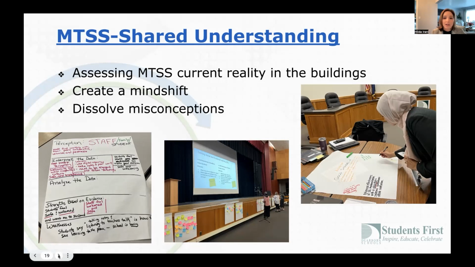We developed, what does it look like? How did you understand this? Can you define it? What can it look like in school? How do we, like I said, marry it with the academic expectation? And we've been through this now several times, several go-arounds from the start of the year to now. And we really are trying to constantly revisit it, like I said, to dissolve those misconceptions. But again, how do you understand this so that we can move it forward?